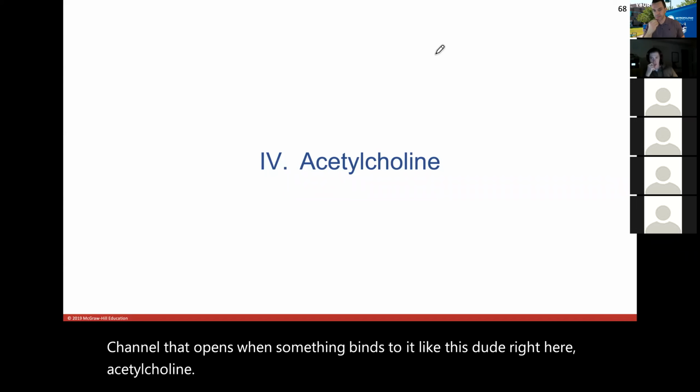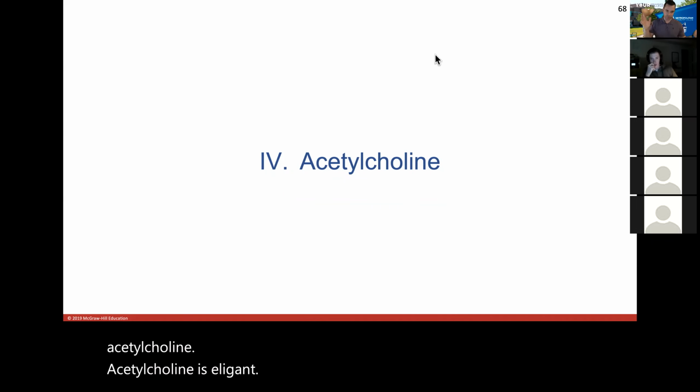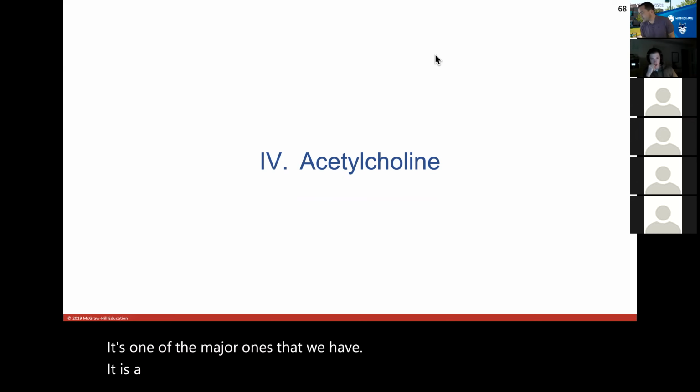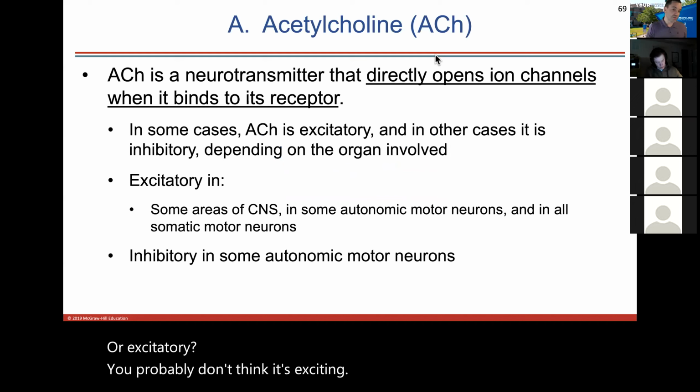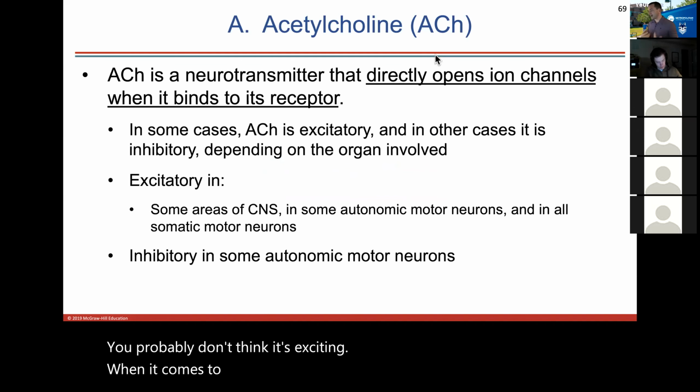Acetylcholine is a ligand. It's one of the major ones that we have. It is a neurotransmitter that we usually think of as exciting or excitatory. You probably don't think it's exciting. When it comes to acetylcholine, it is an ionic type.